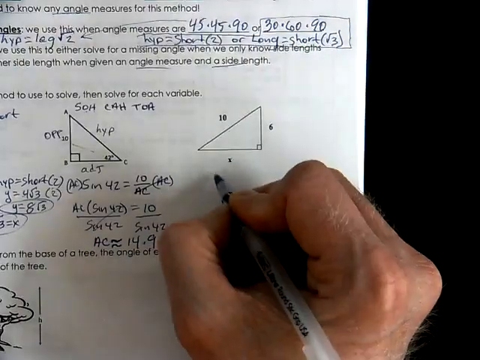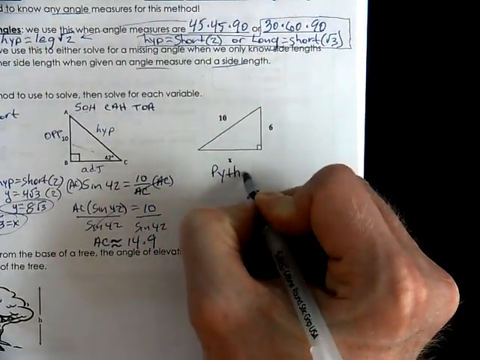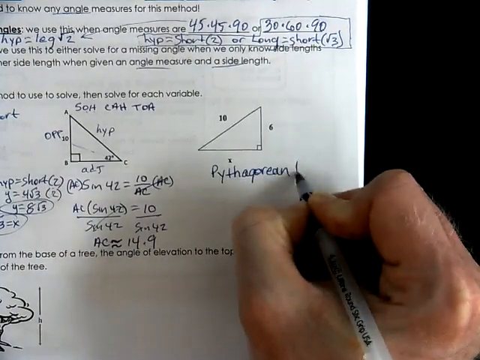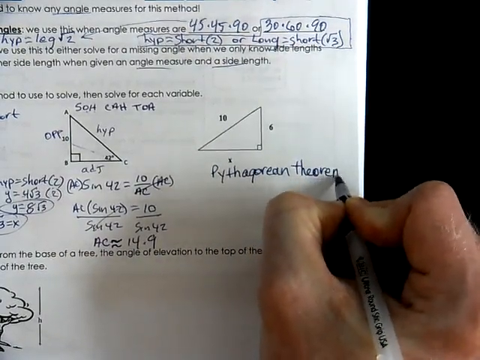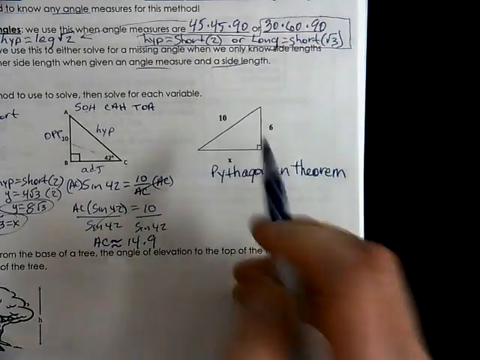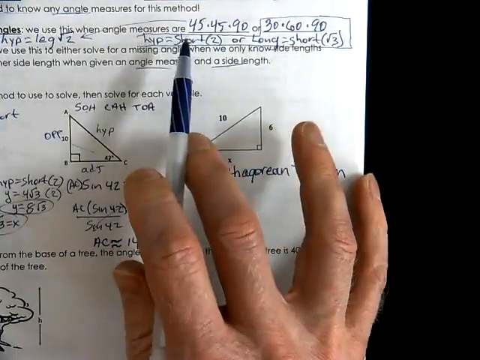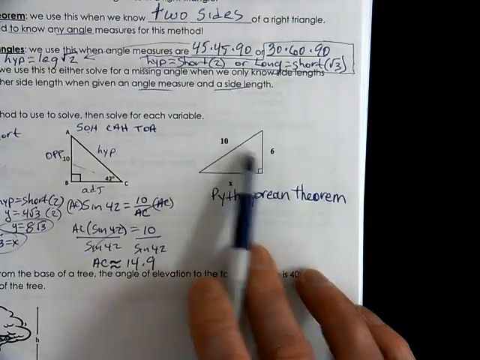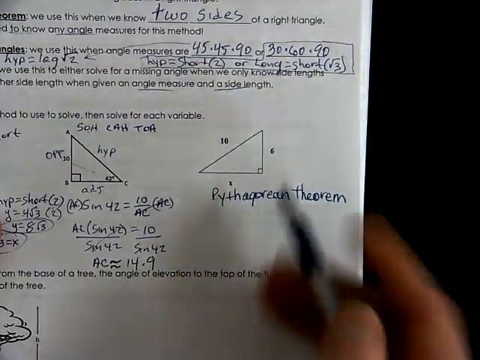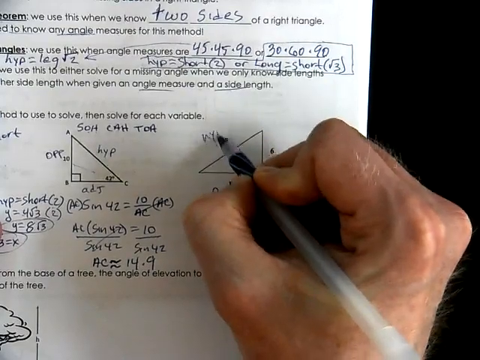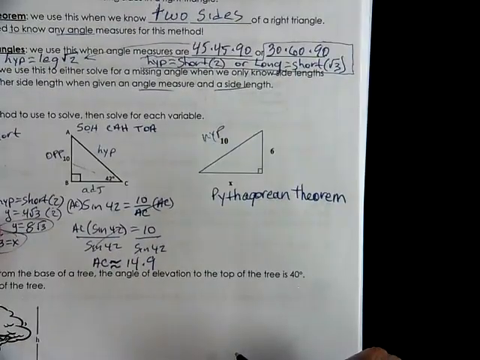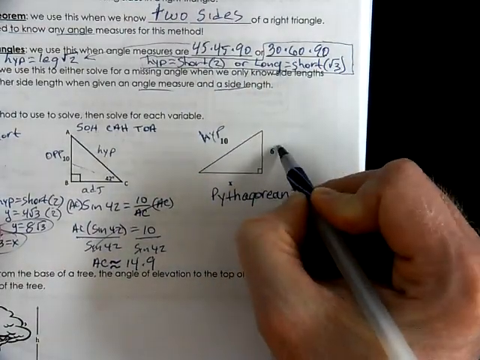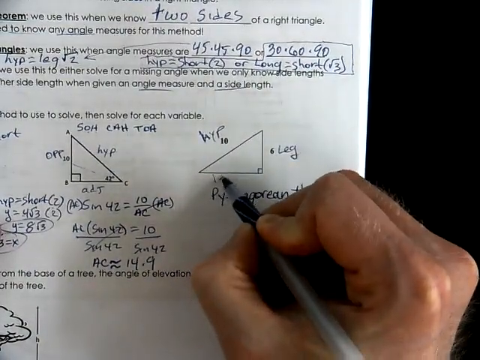So here we have to use Pythagorean theorem, because we know two sides of the right triangle. Notice that across from the 90 is the hypotenuse. And the other two sides are just called legs.